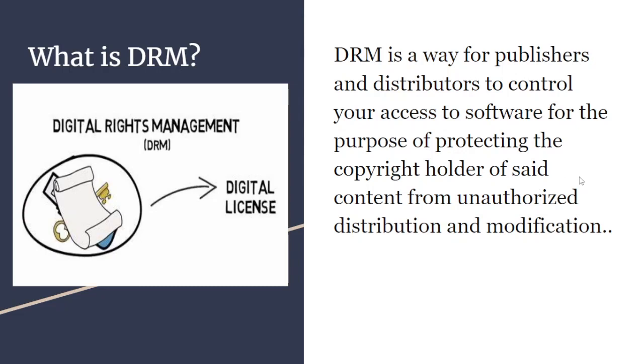For example, if a publisher doesn't want you to edit files on the software, then the DRM will be there to limit your access to the software, and you can't edit the software.